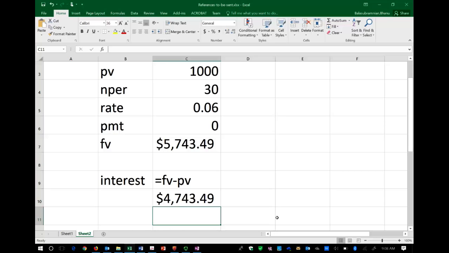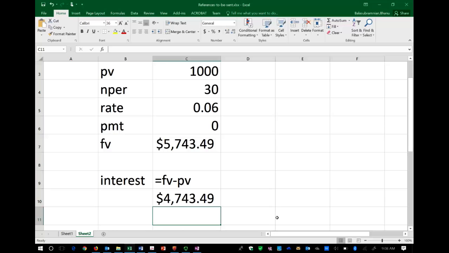Now, suppose I ask you the question, what is the interest on interest? What would you do? Yes. Now, what we have computed is the compound interest, right?